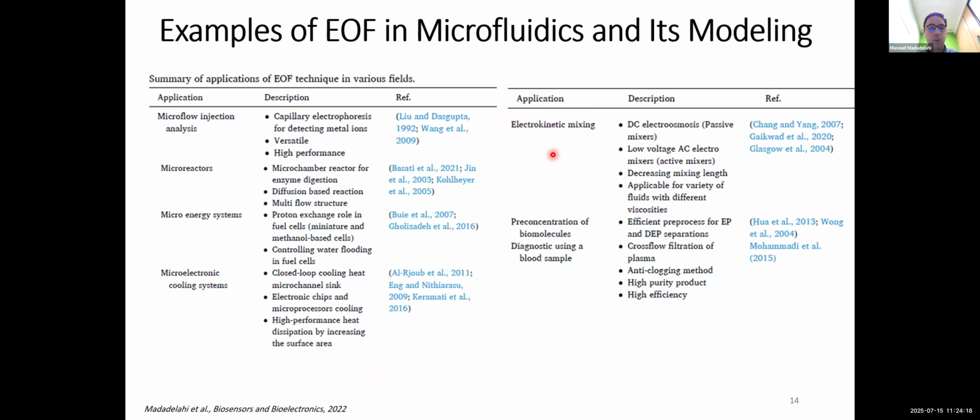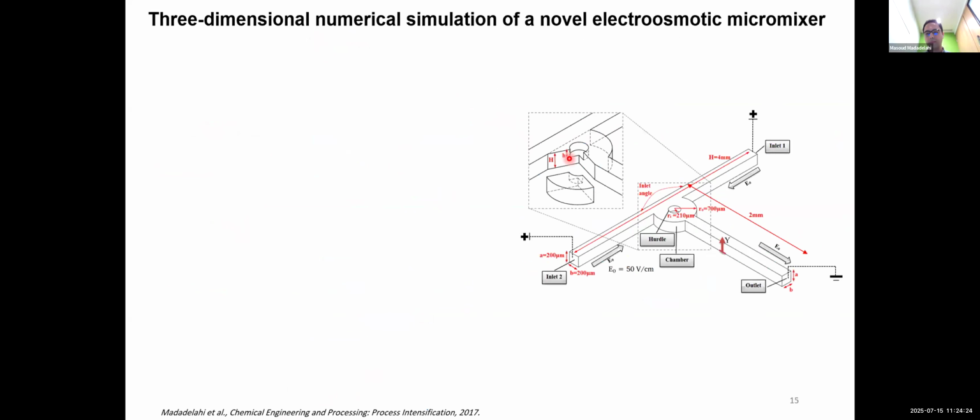I want to use this electroosmotic flow in a micromixer. So we have a micromixer like this. It is a regular T-shaped microchannel. But in the middle here, we have this chamber. And in the middle of this chamber, we have this conductive hurdle, as you can see here.